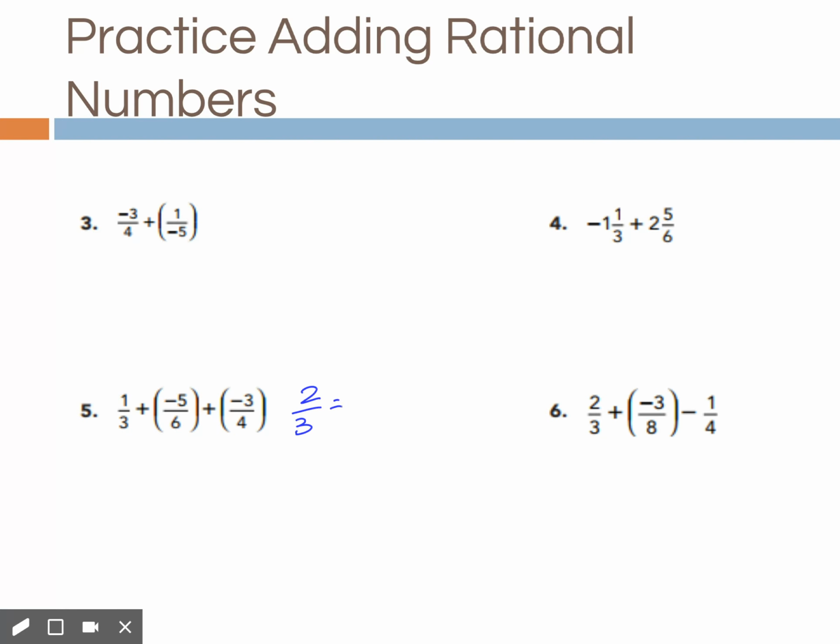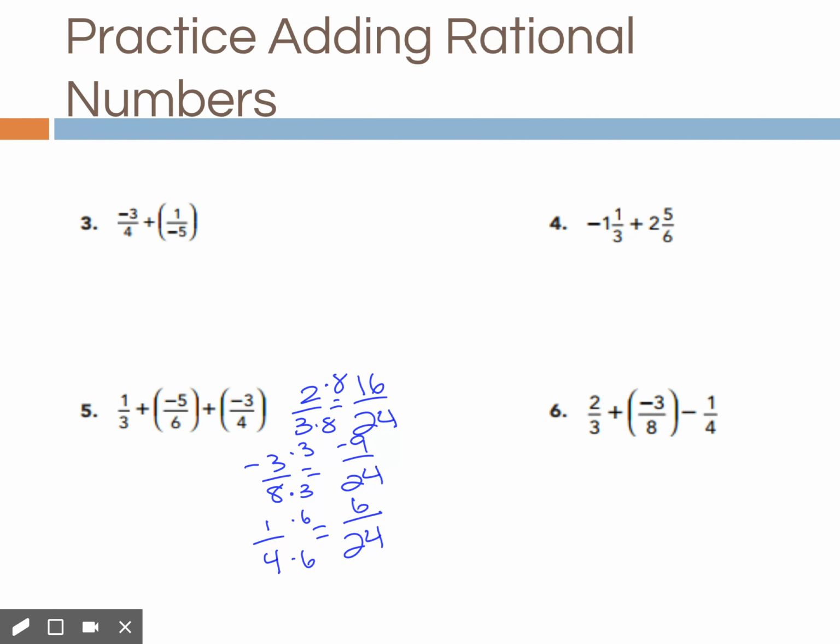So 2/3 equals what over 24? We multiply by 8. So 16. Negative 3/8 equals what over 24? So I'm multiplying by 3. So that's negative 9. And 1/4, we have to multiply by 6. So that's going to be 6/24.